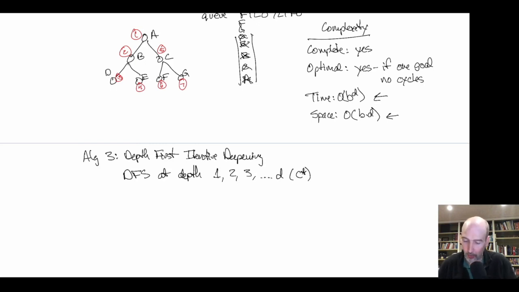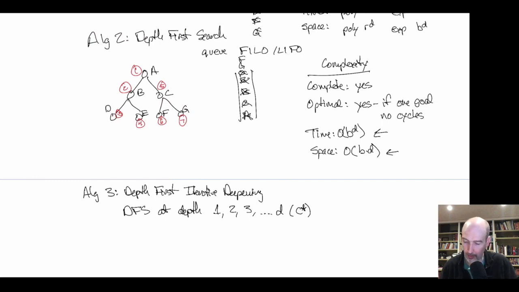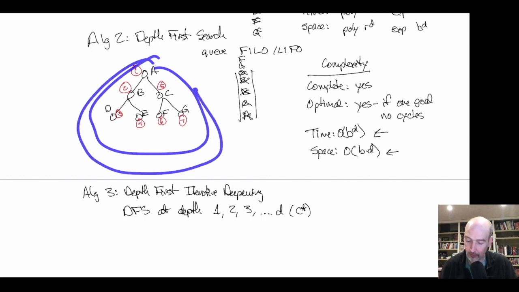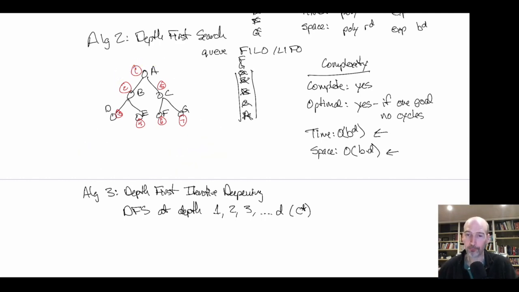Okay, and so the idea here, if we just use this tree we've been using, is we're going to do all of the nodes at depth 1 or depth 0, depending on how you want to count, but I think we're using 1 here. And then we can do all the nodes up to depth 2. And then we'll do all the nodes up to depth 3. And you would just keep going with this process of bigger and bigger layers of search using more and more of the tree.